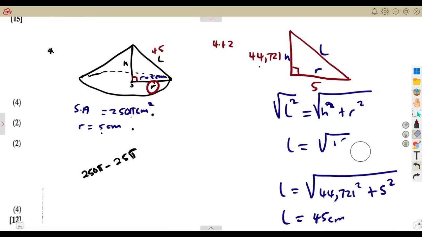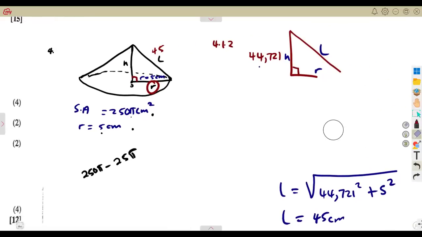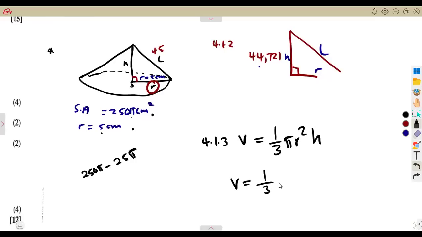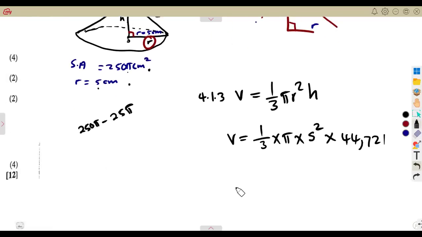We calculated the height. Remember, the height, we calculated this. So that was going to give us the volume. So the volume, as we are given, is a third pi r squared h. So meaning to say, it's just substituting a third times pi times the radius squared, which is 5 squared, times the height, which is 44.721. So this was going to give us the value representing our volume.